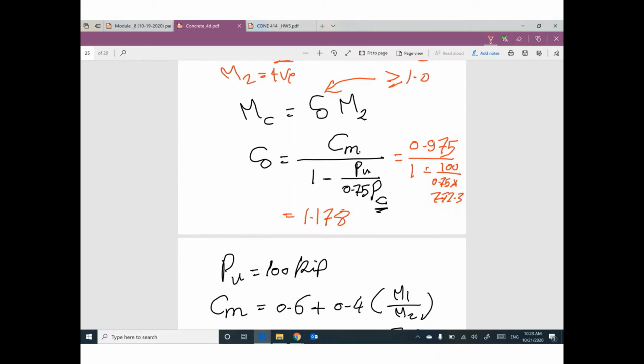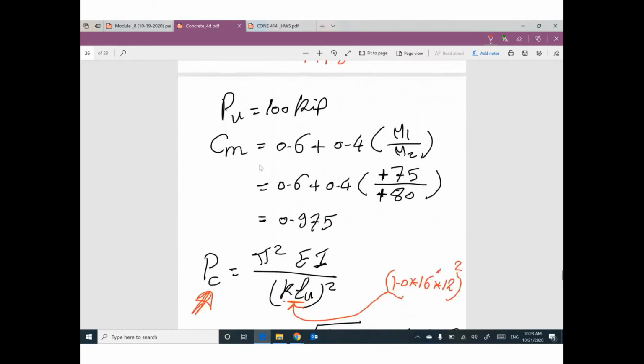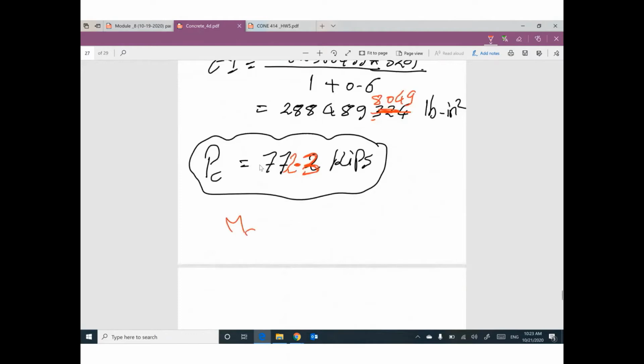So the value of MC, which equal delta M2, will be delta 1.178 times M2, which is 80. Your value will be 94.3 kip foot.